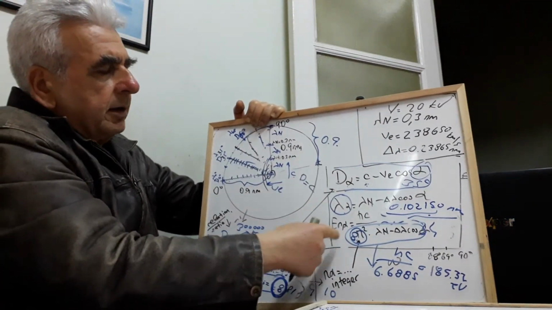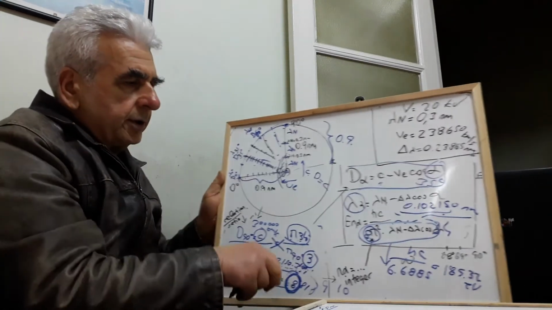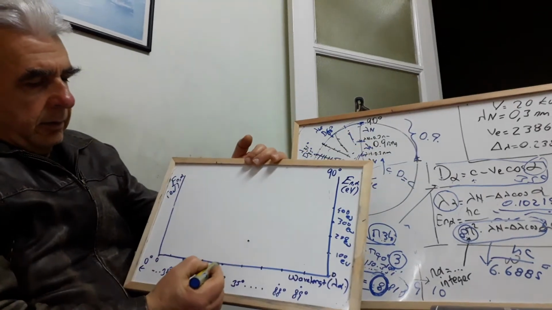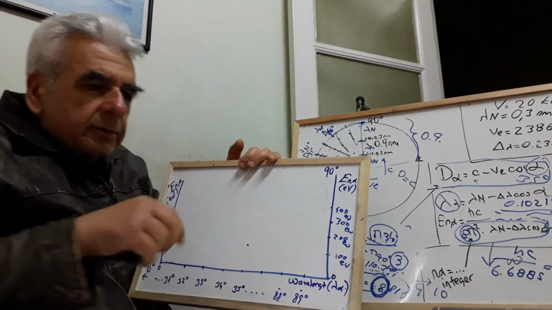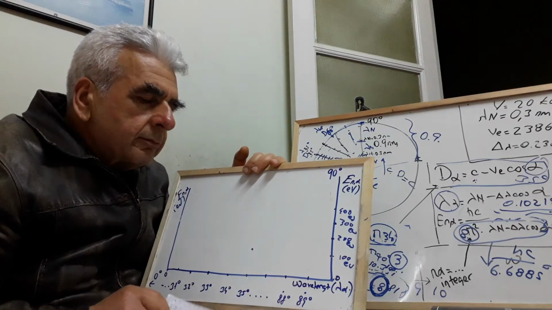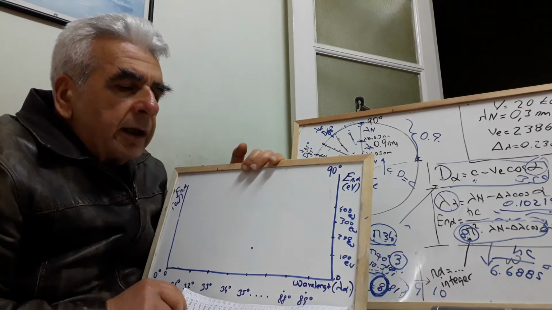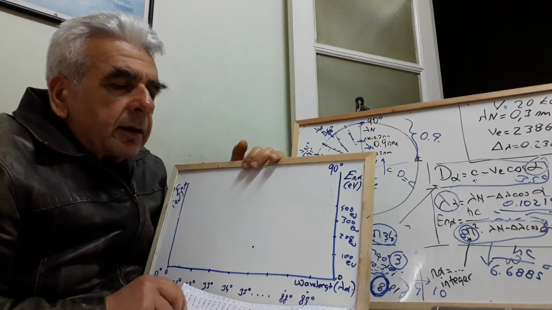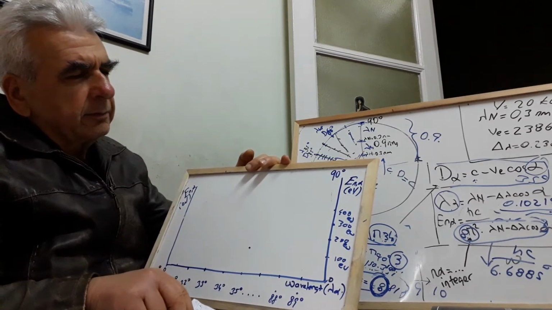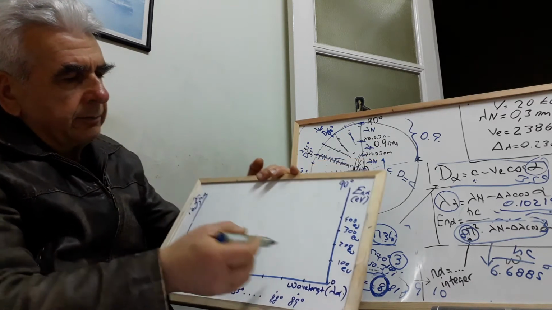Then we put in the figures, and finally the energy for 34 will be 189.60 eV. Like this.